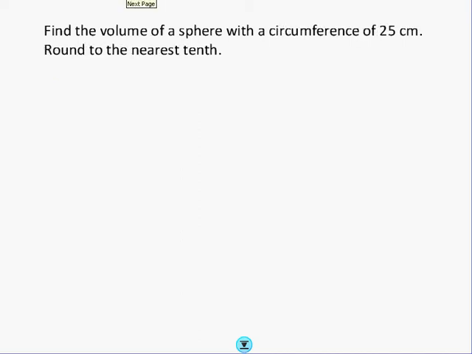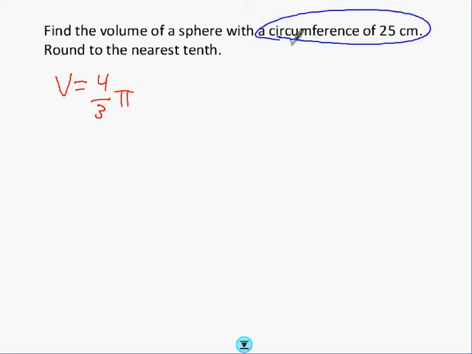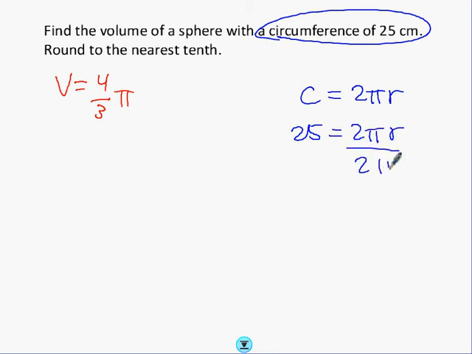The volume of a sphere. Again, 4/3 pi r. They did not tell me the radius, so I'm going to have to use my formula. They did tell me the circumference. Well, the circumference of a circle, hopefully you've picked up on this by now, is 2 times pi times the radius. The circumference is 25. I find the radius by dividing by 2 pi.